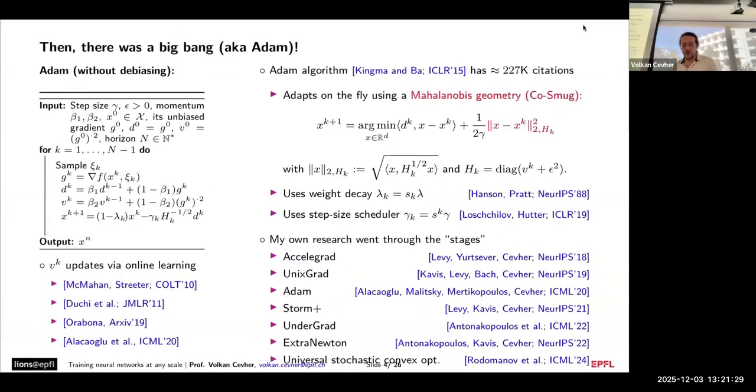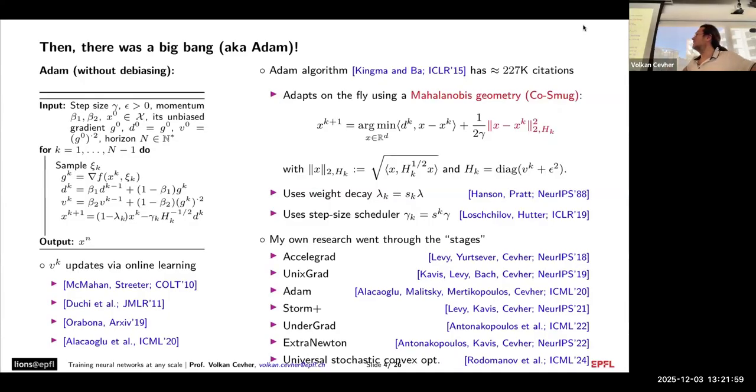Very good. So my own research went through stages in the sense that Adam was popular. We were trying to get algorithms like AcceleGrad that are universal and adaptive. What I mean by that is that adaptation refers to the fact that oftentimes the problem parameters like the Lipschitz constant are not known. And you try to come up with an algorithm that adapts to this parameter, gives you a step size, gives you convergence without knowing the problem parameters.